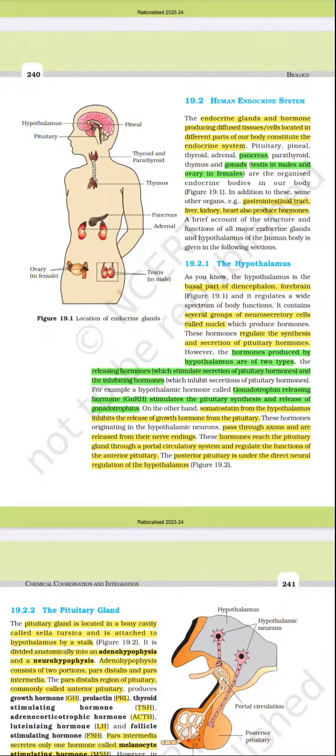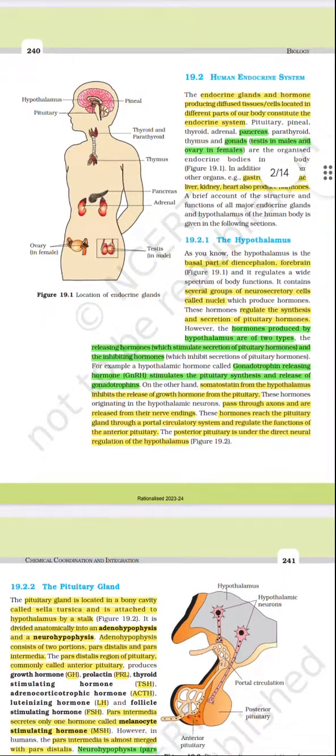These hormones originating in the hypothalamic neurons pass through axons and are released from their nerve endings. These hormones reach the pituitary gland through a portal circulatory system and regulate the functions of the anterior pituitary. The posterior pituitary is under the direct neural regulation of the hypothalamus.